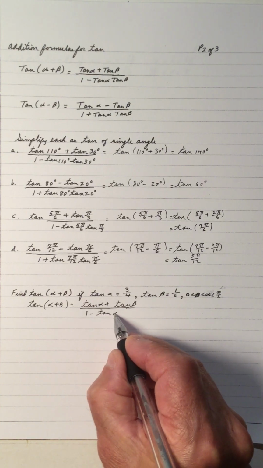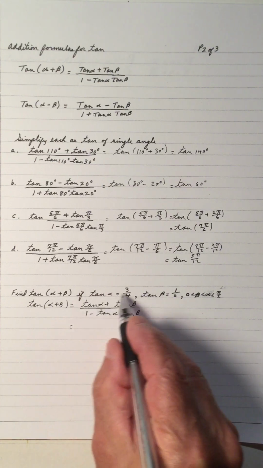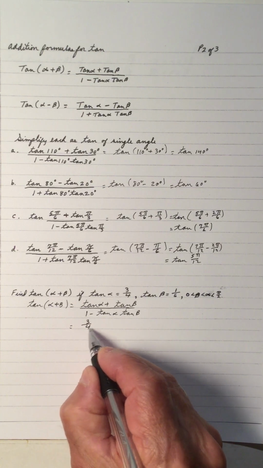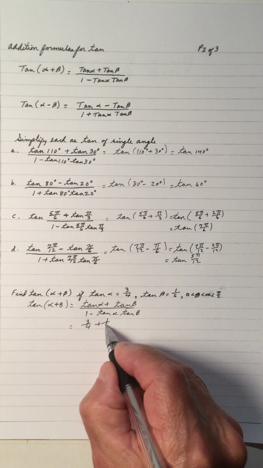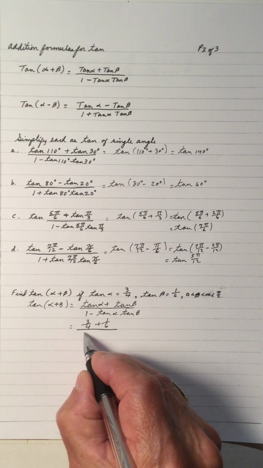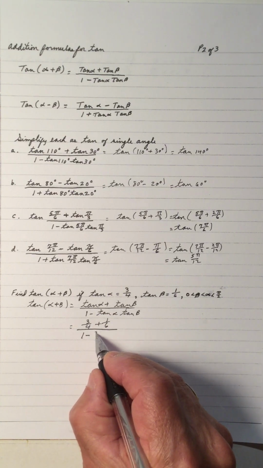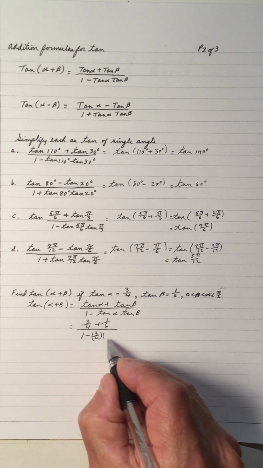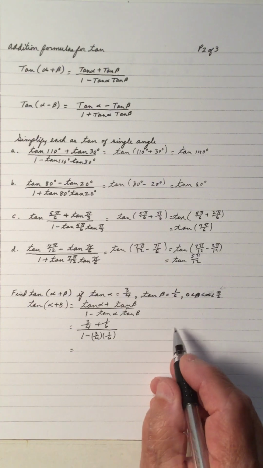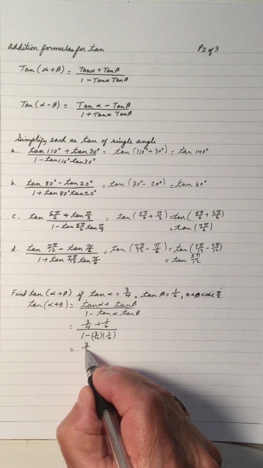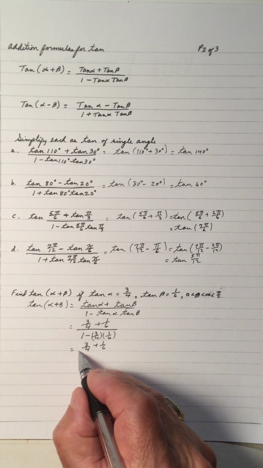So the tan of alpha is 3/4 plus the tan of beta, 1/6, over 1 minus tan alpha, 3/4, times tan beta, 1/6.